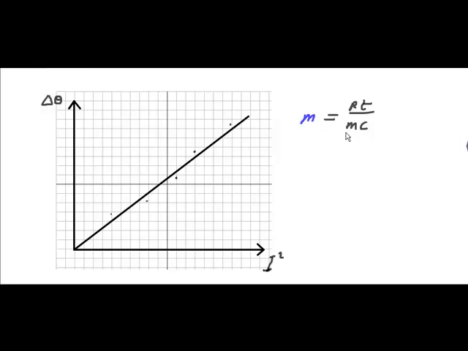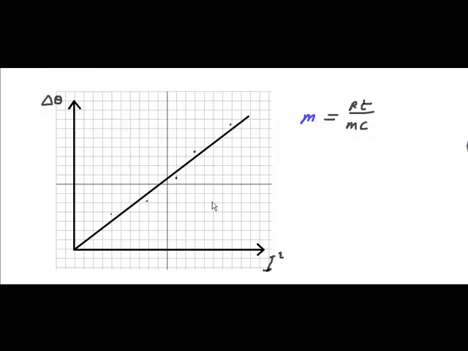The blue M is the slope, black M is mass, just not to get mixed up here, so be careful with that. And so for example, in an exam question, if you were asked to work out the mass from the slope, all you'd have to do is rearrange this formula and fill in all the other values. You work out your slope from the graph, M, work out R, time will be kept constant for the whole experiment, and C, the specific heat capacity of water, is also a constant. So you can work out your mass from the slope then.